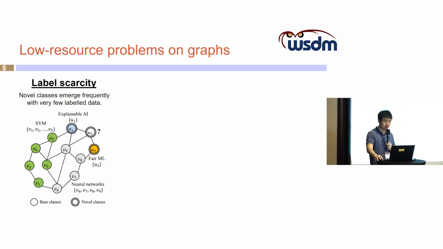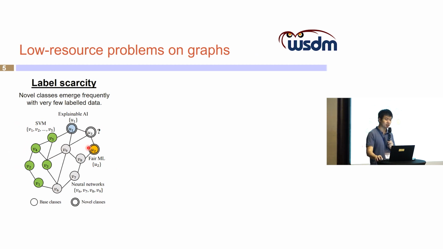Let's take this graph as an example. This is a paper citation network, so all the nodes are papers. Some papers belong to traditional topics like SVM or neural networks. For these kinds of nodes, we have enough labels.